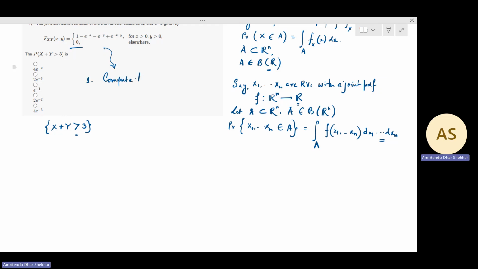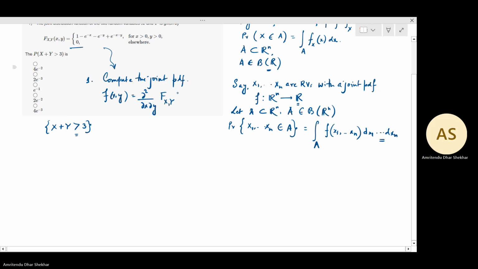Compute the joint PDF, and the joint PDF is given as the partial derivatives. So f of x comma y is equal to del square del x del y of F xy at x comma y.